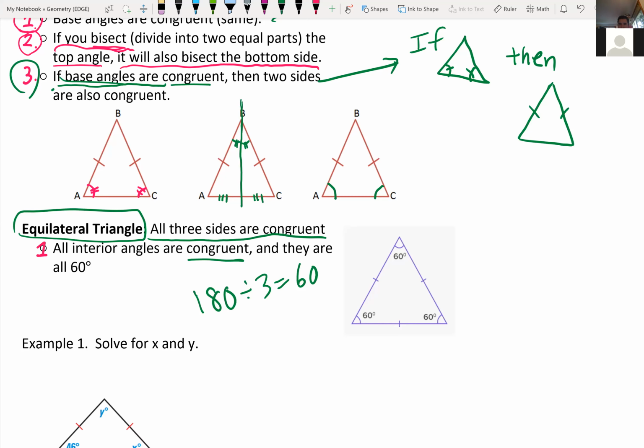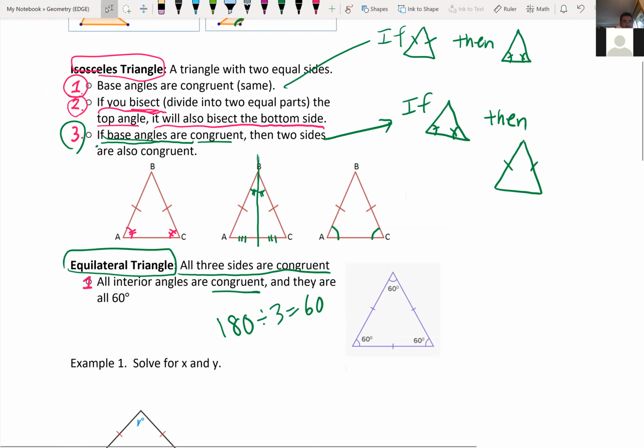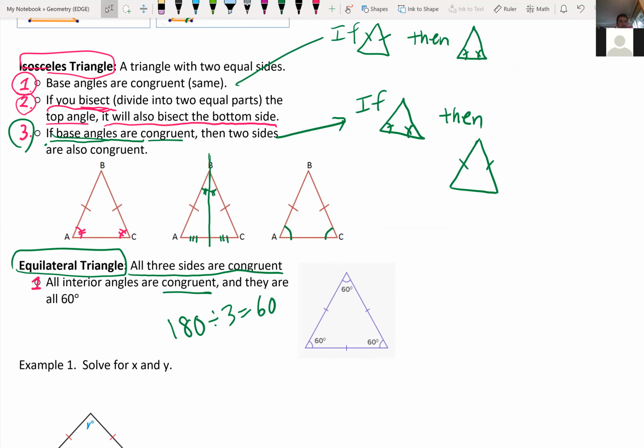Okay. So those are just two things: isosceles triangle, equilateral triangle. It is going to come up over and over, even maybe not in algebra 2. Well, some of it, yes, algebra 2. We do talk about some of those triangle properties. So it's good to know.